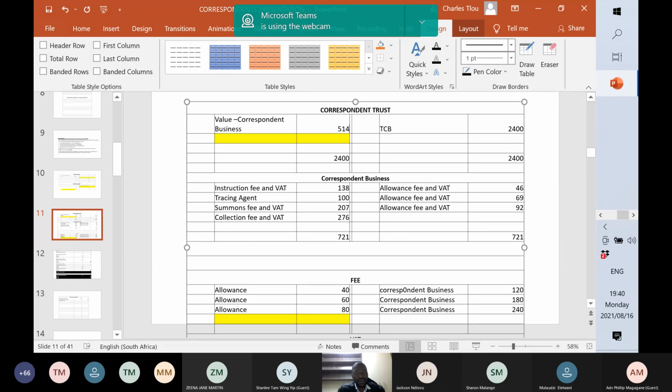You debit correspondence trust 514, and then you come here and credit correspondent business the same amount, 514. That is how you record that value, by debiting the correspondence trust ledger account with 514 and crediting the correspondent business ledger account with the same amount, 514. And that would have been your step number 7.1.